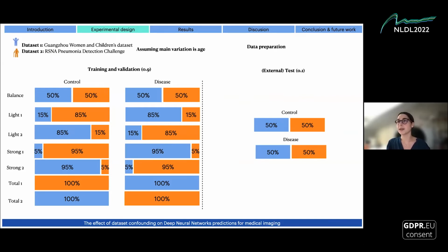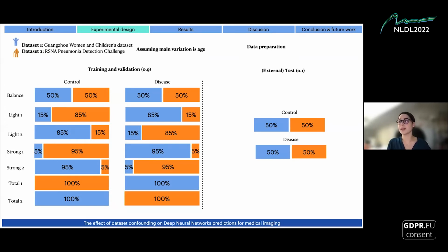So to prepare the data, we first saw there was a big class imbalance. So we did an undersampling to the minimum number, and then we keep 90% of the data for training and validation, and 10% we give to what we call external tests.